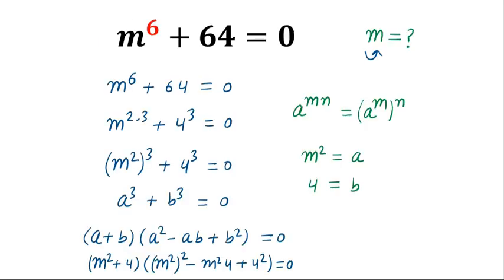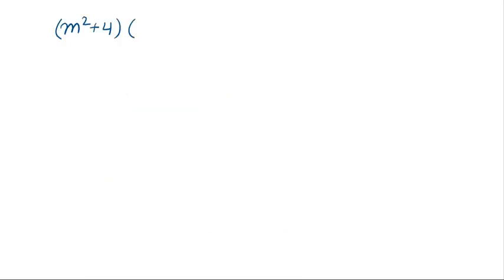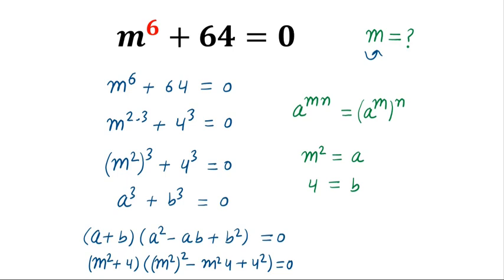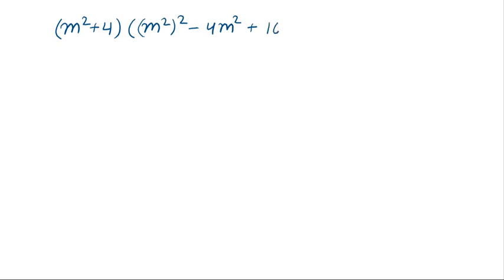In the left hand side we have m square plus 4 multiplied by, look carefully at this term, here m square bracket square minus 4 times m square plus, and here 4 square, and the value of 4 square is equal to 16. So replace this 4 square by 16 and this is equal to 0.